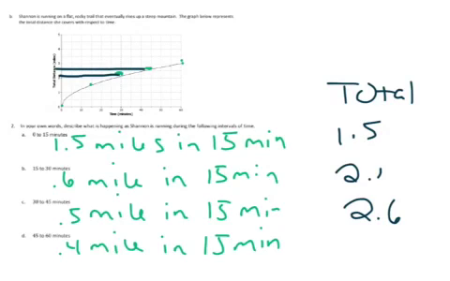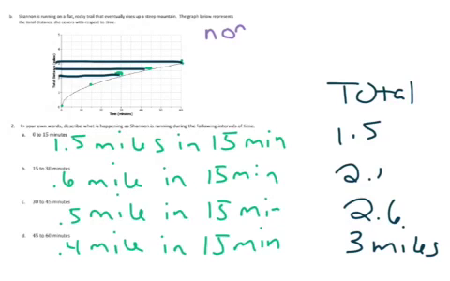And overall at 60 minutes, if I add up all my data together, I should be at 3 miles. Now, just by looking at this graph, I see a curve. So since I see a curve, this is nonlinear. It is definitely not a straight line, and there is no constant rate.